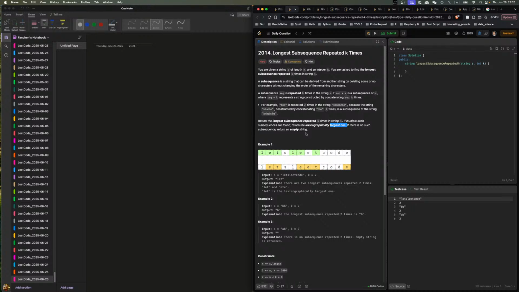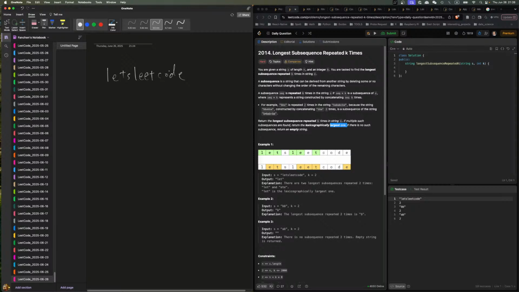So our example is, let's LeetCode. Okay, so we want the longest to repeat 2 times. Well, we can analyze the frequency first, right?